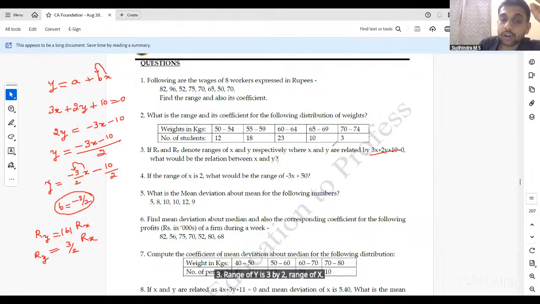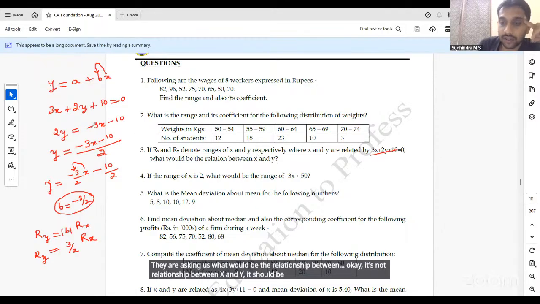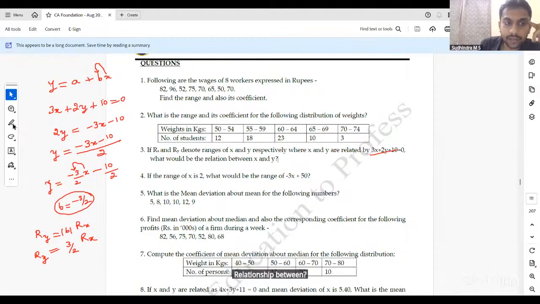They are asking what would be the relationship between, okay, it's not relationship between x and y, it should be relationship between range of x and range of y.